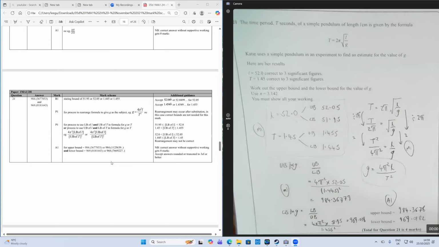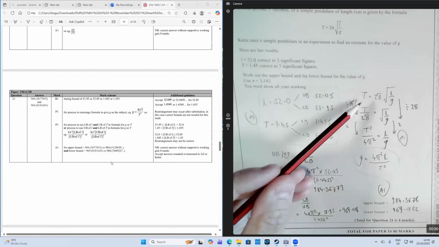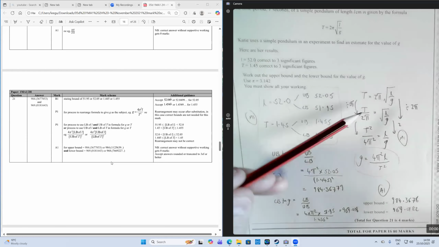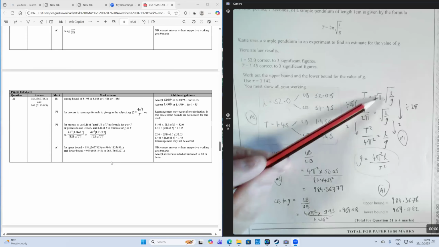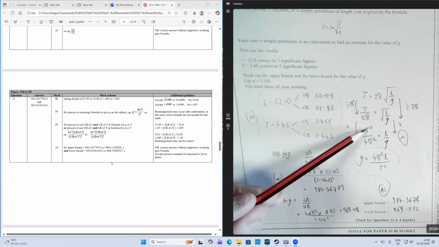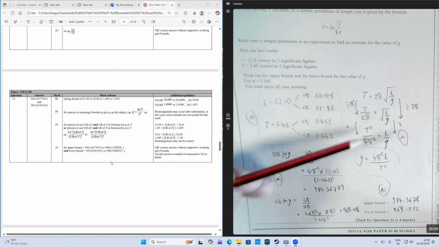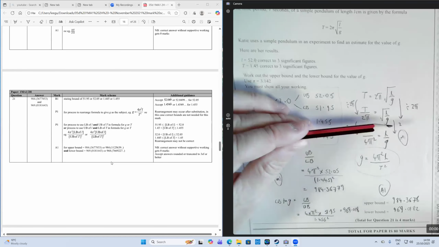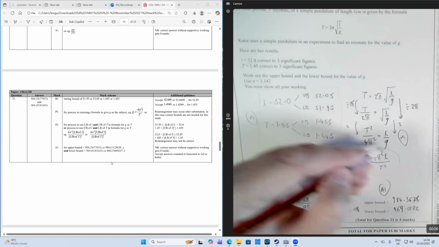Now this next step, again, I don't think is necessarily obvious, but we're going to rearrange this formula to make G the subject. In order to do that, we're going to do a number of steps. We're going to divide by 2 pi. We're then going to square both sides, so t squared over 4 pi squared. We're then going to, I would argue, take the reciprocal of both sides and then times by L. So actually here I could write an intermediate step.